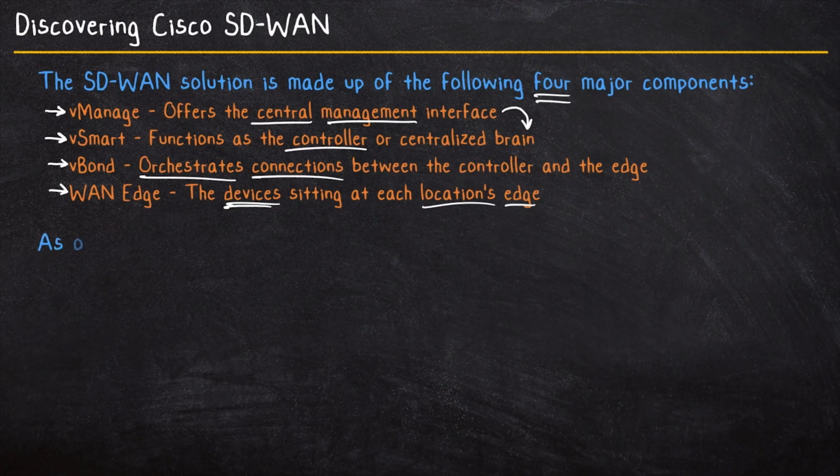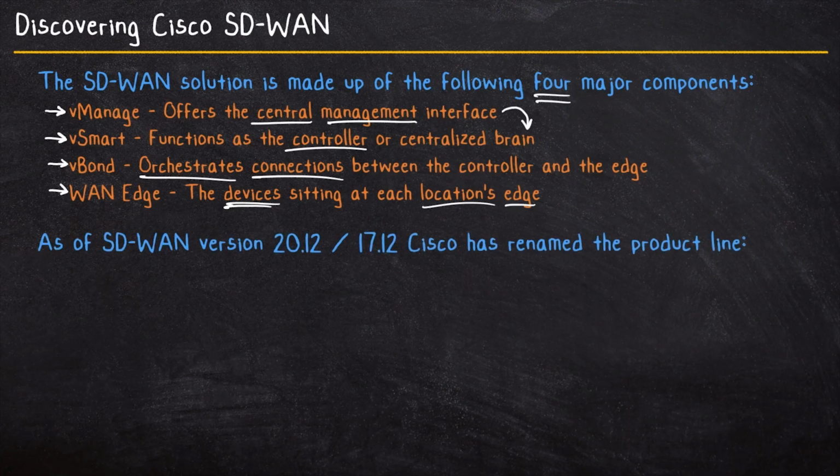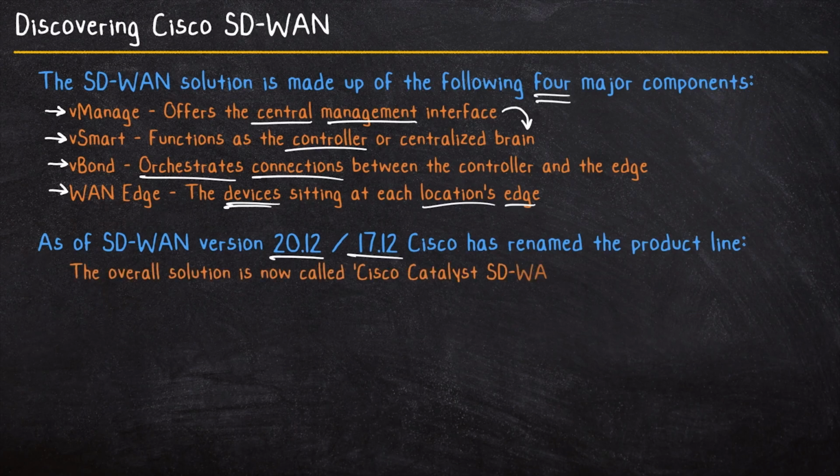Now, just so you're aware, starting with version 20.12 and IOS XE version 17.12, Cisco decided to rename this product line. So what did they change? Well, first, the overall solution is now called the Cisco Catalyst SD-WAN solution.